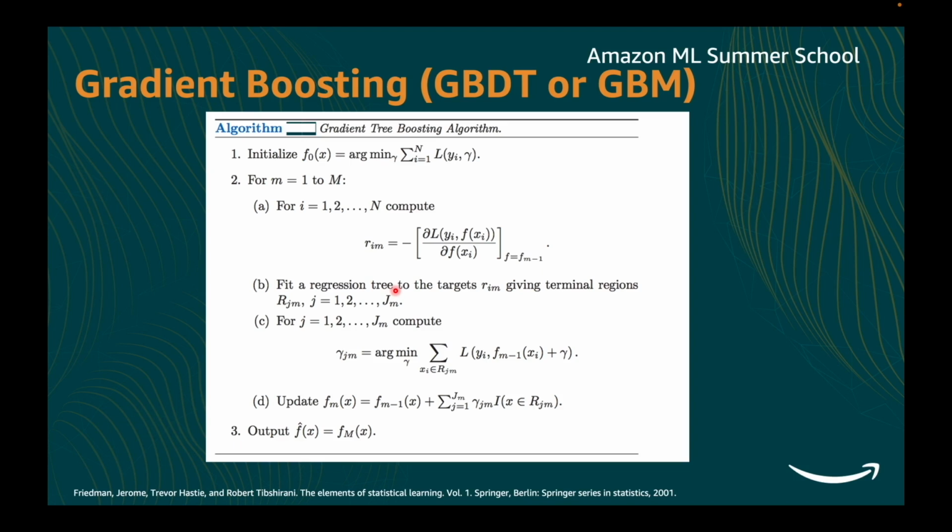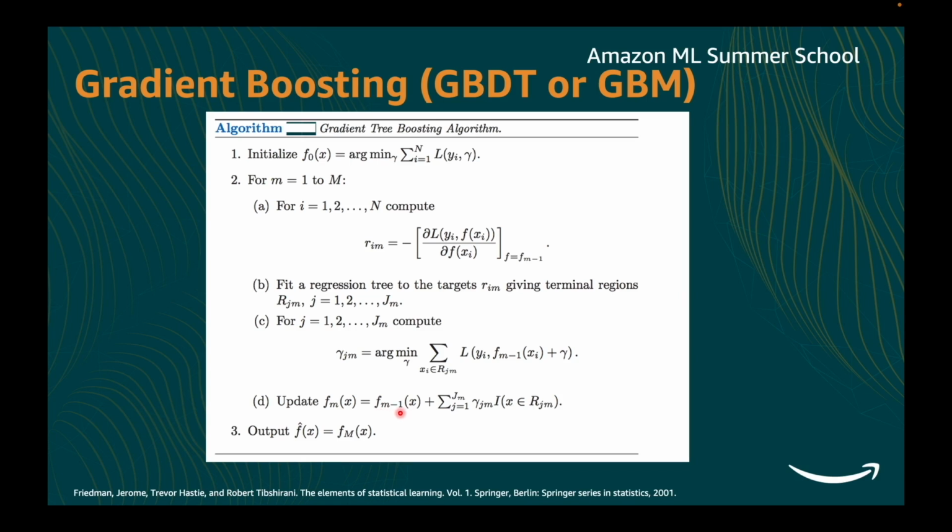You're trying to predict y minus f of x, basically the error made by the model so far, right? That is what you're trying to predict. And then you, of course, add them together to get your final model.